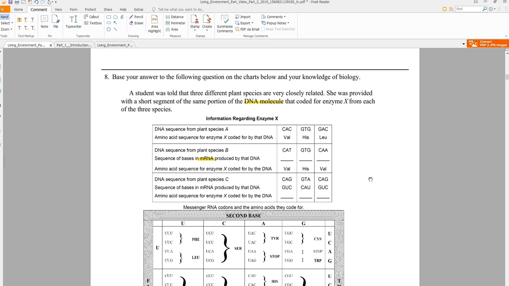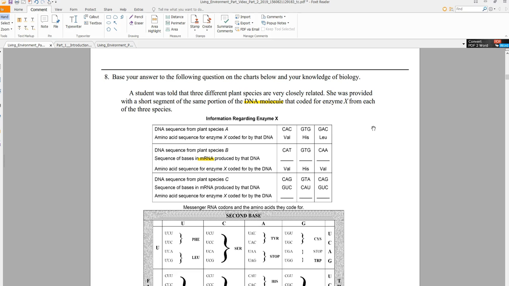DNA is made up of 3 parts: a phosphate, a sugar, and a base, the nitrogenous bases. The nitrogenous bases are A, T, C, G: adenine, thymine, cytosine, guanine. The messenger RNA does not have thymine. In place of thymine, it has uracil.